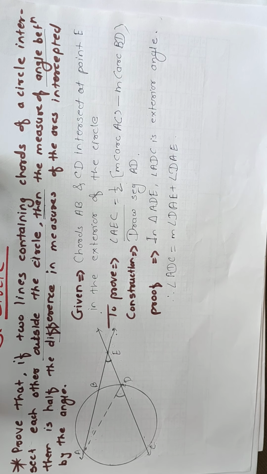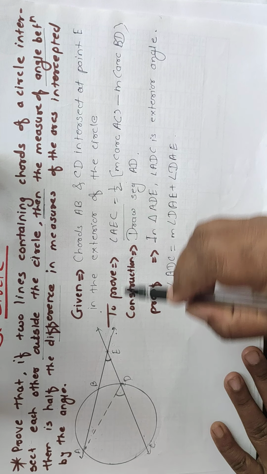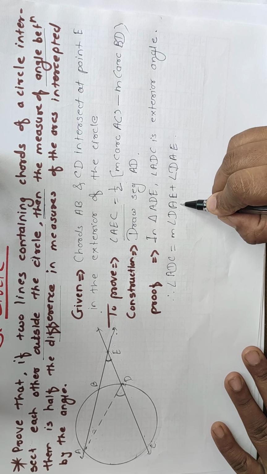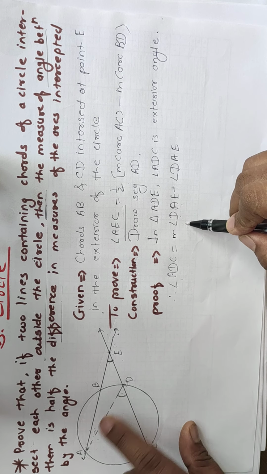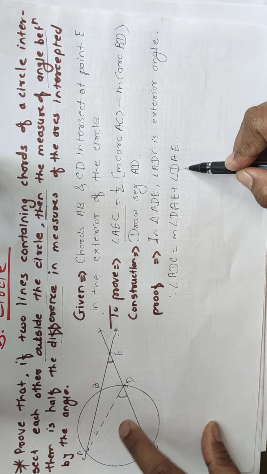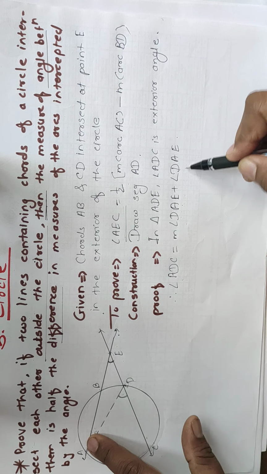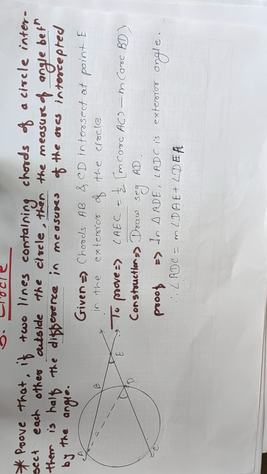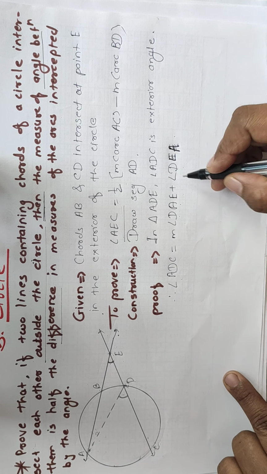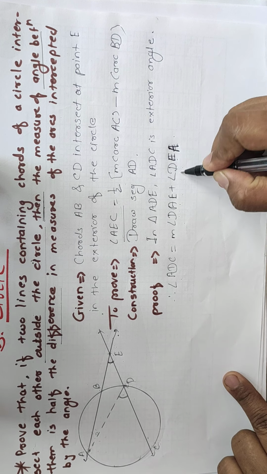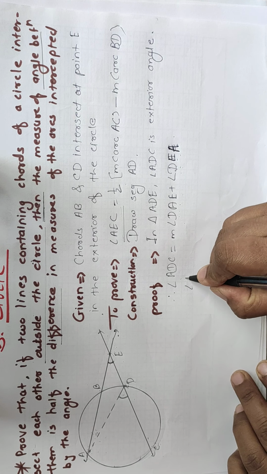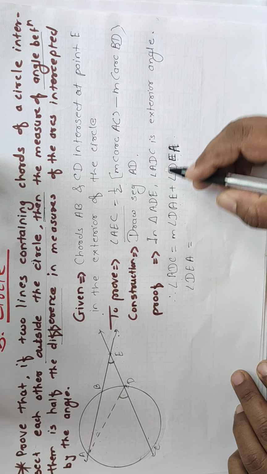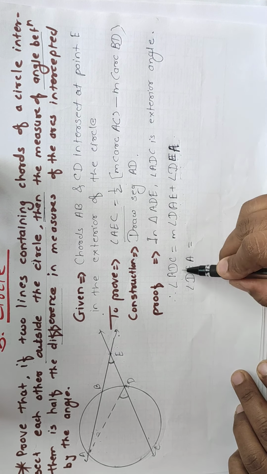Now next, we want to find this angle AEC. Angle ADC is equal to the measure of angle DAE plus angle DEA. So DEA we have to find out. How will we find angle DEA or AED? Angle DEA is equal to angle ADC, and this angle DAE comes here for the subtraction.